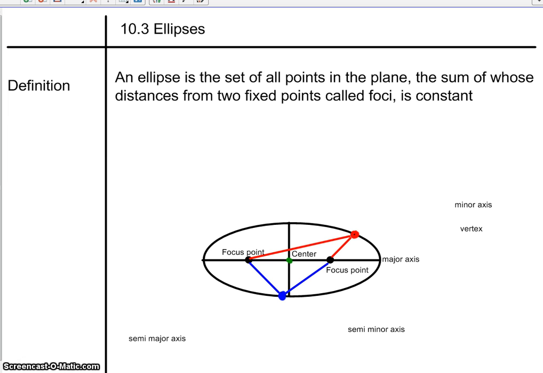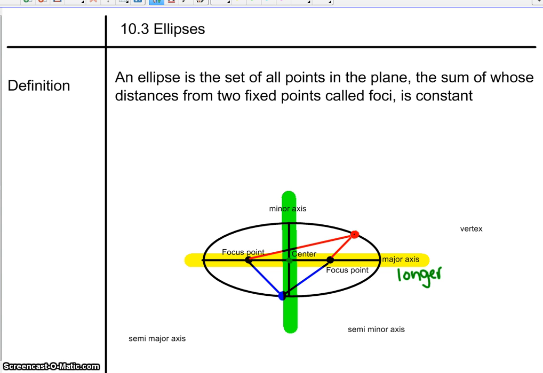My major axis is going to be the longer of the two. In every situation, it can be vertical, it could be horizontal, but our major axis is going to be the longer of the two. My minor axis is the shorter of the two. Where those intersect, that's going to be where my center is.